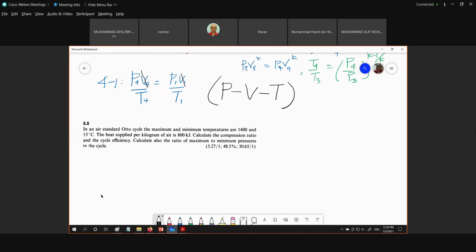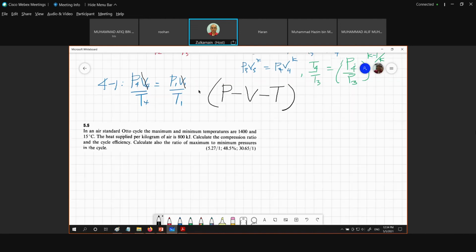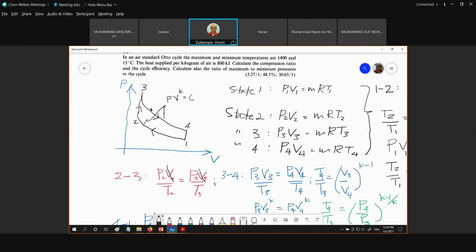All right. Based on our cycle, the PV diagram, where do you think the maximum temperature of 1400 degrees C is? Where is our maximum: 1, 2, 3, or 4? What do you think?